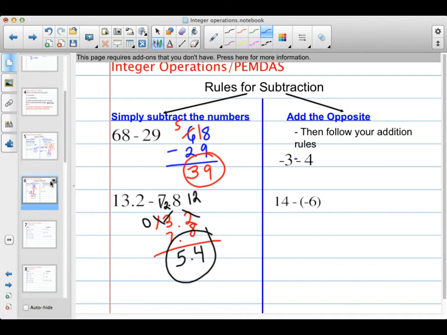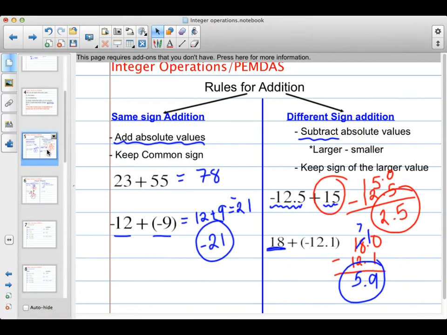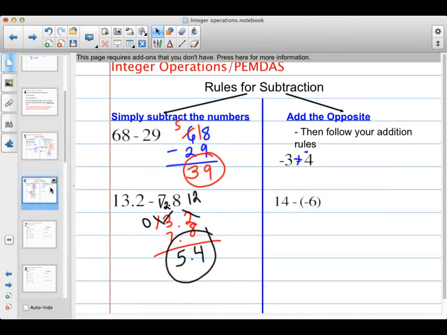The subtraction sign would just turn into a big plus, and then we'll add a little negative symbol to this. And now we refer back to our addition rules. Same sign addition, I think, is what we would have here. So negative 3 plus negative 4, add and keep. We got 7 as our answer, and since the two numbers are negative, our answer is negative 7. We're adding more negative to this.